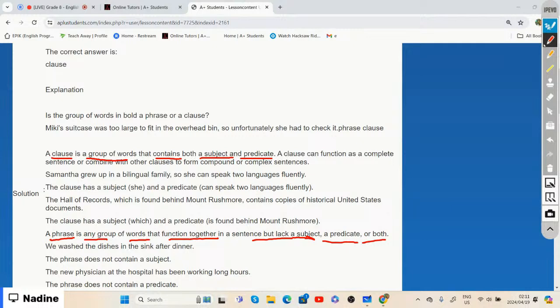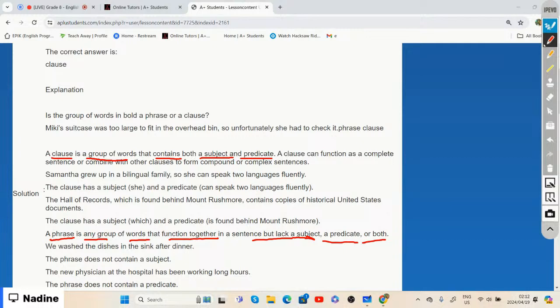But now it says the phrase does not contain a subject, where the subject is we.